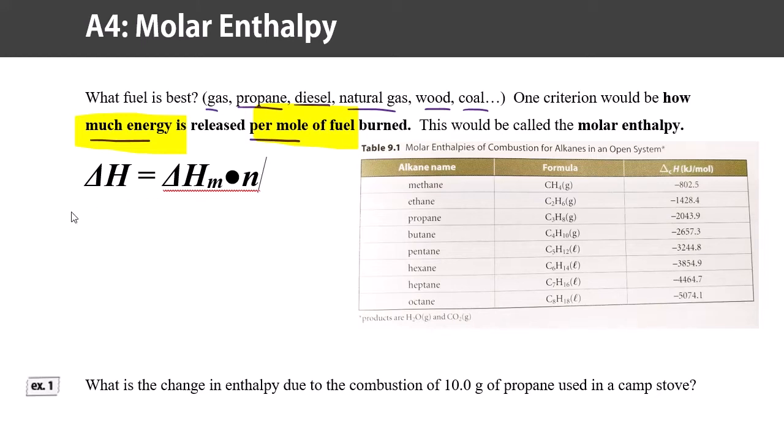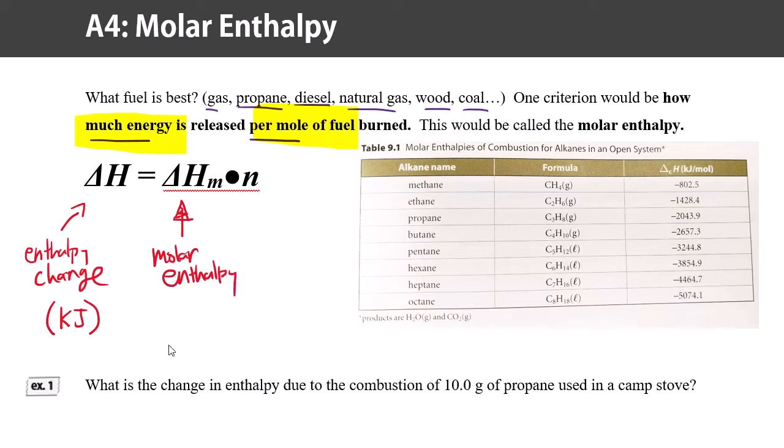This is the formula that's going to help me. So if I want to find the enthalpy change, and remember that's measured in energy units, in this case, we're going to use kilojoules typically for enthalpy changes coming out of this formula. And this is my molar enthalpy, or my molar enthalpy change. Now this is the amount of energy released per mole, so the unit is going to be kilojoules per mole.